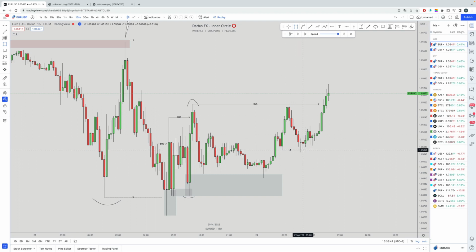But what you can see here is that price took that liquidity, because this is pure liquidity in this case. You have here this demand zone for sure, and you kind of expect price to grab this liquidity if it wants to do this. Now, whenever price is in a strong momentum, it will not give you this kind of thing, okay?